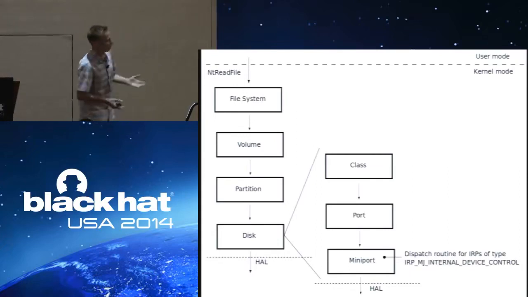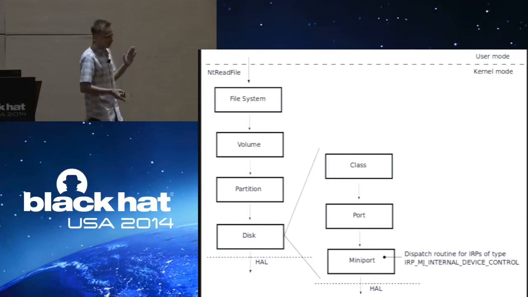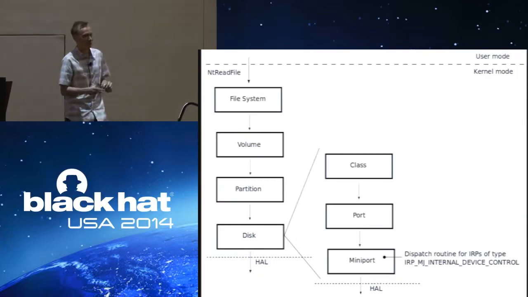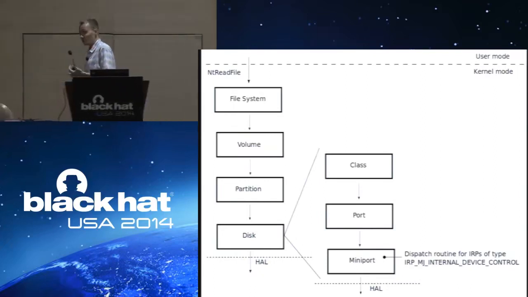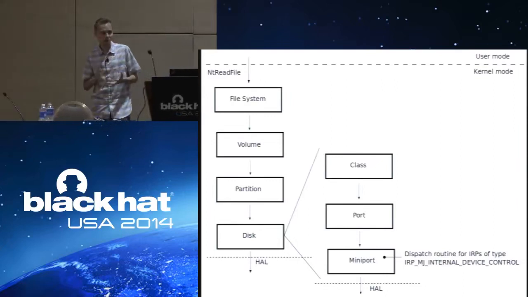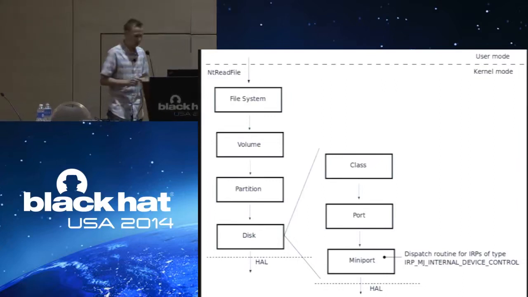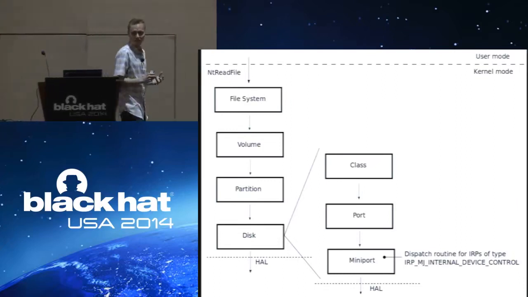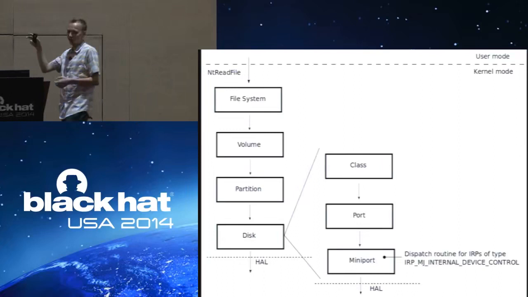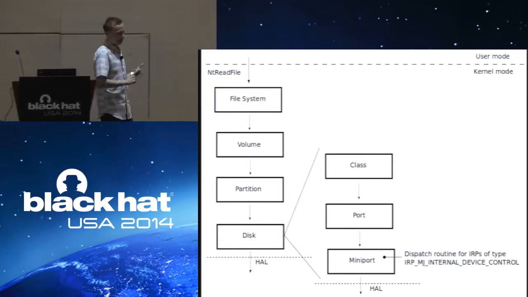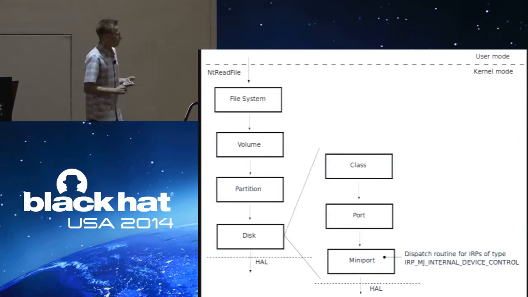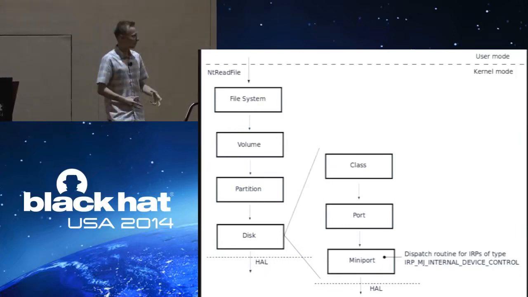The disk subsystem is divided into three parts, where the lowest level part is the miniport driver. The miniport driver is responsible for implementing hardware-specific logic to read and write raw sectors on disk, which is pretty much what we want to do as well, right? Whenever the request is passed down, the I/O manager, which is part of the kernel, will call the dispatch routine set up by the miniport driver at load time, the one registered to handle IRPs of type internal device control.